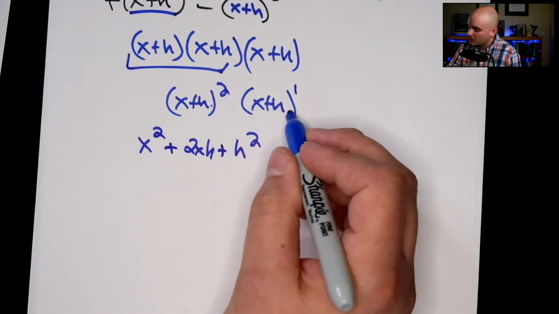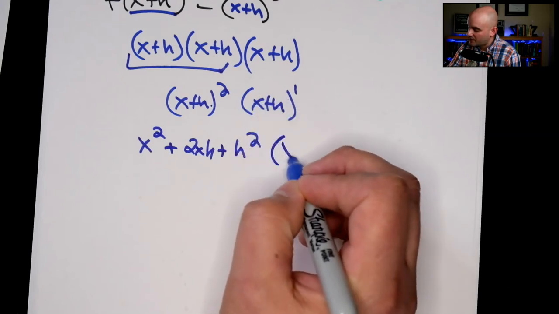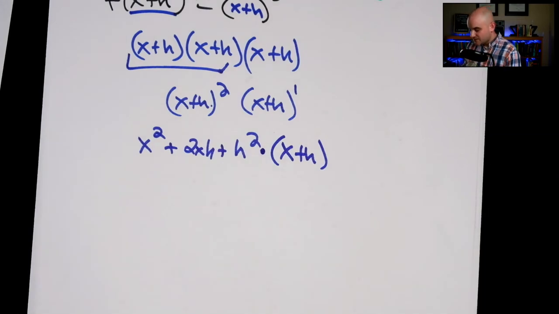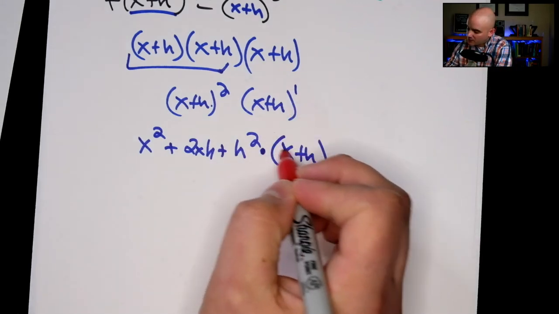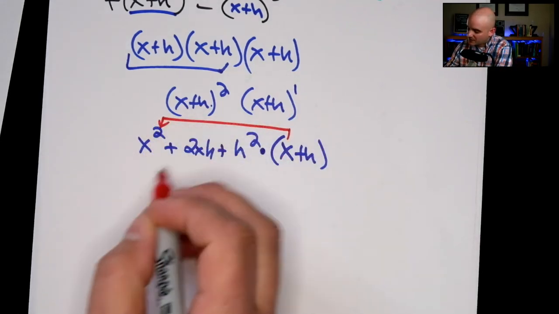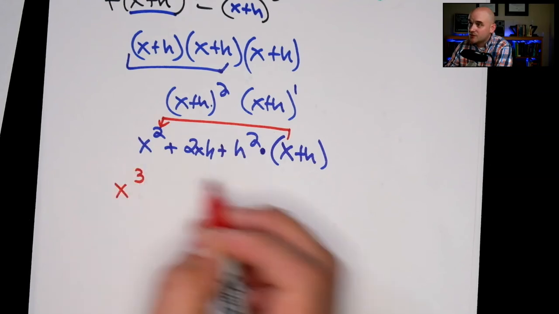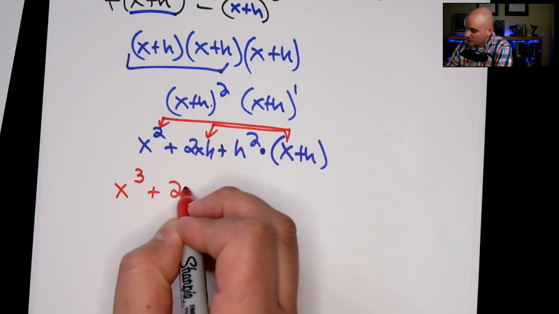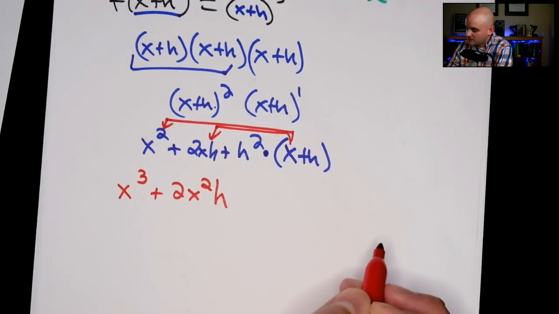And then I'm going to bring down this one, x plus h, right here. And remember, this is being multiplied. So I still have to multiply x plus h times that trinomial. And how we're going to do that is just by distributing each term here. So I got to say x times x squared, that gives me x cubed. I'm going to say x times 2xh, that gives me 2x squared times h.